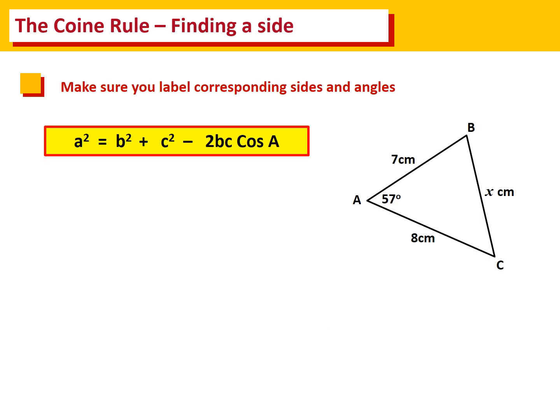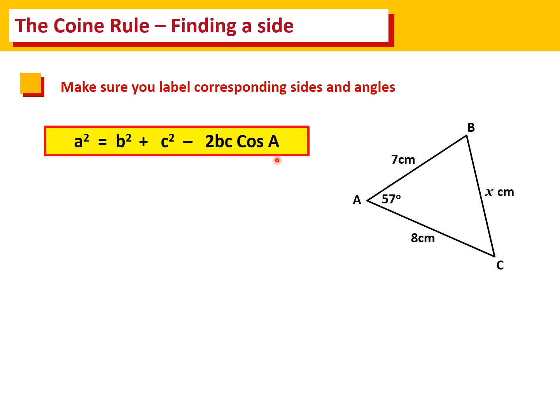So in the yellow box you can see the formula. You don't have to remember it because that will be on your GCSE exam on the formula sheet. But here's a little bit of explanation of how it works. We're trying to find the length, so the length we'd start with, which we've called a in the formula, is the missing length. In this case, in our triangle, that's going to be length x.